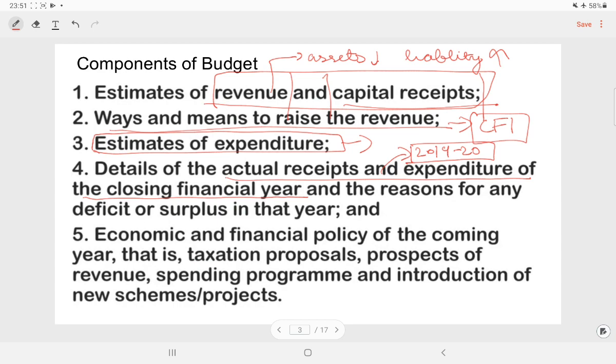That will also be in the budget of the previous year. They will also present the economic and financial policy of the coming year, meaning 2021-22. Different things like taxation proposals and similar things which we already know are components of the budget.